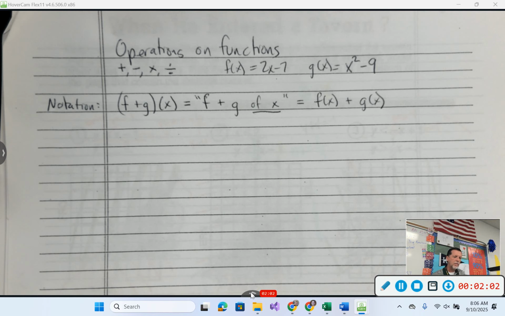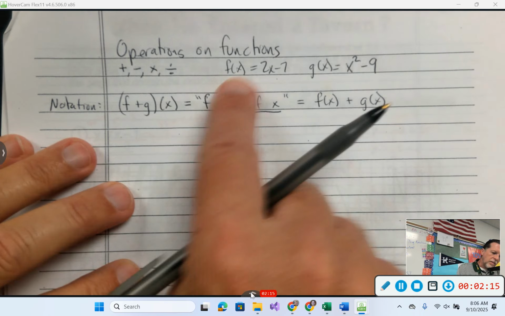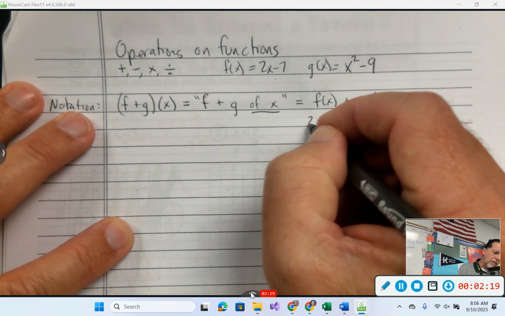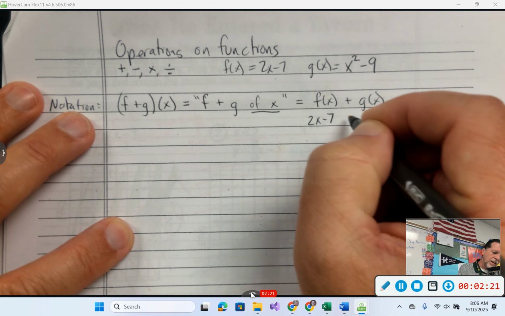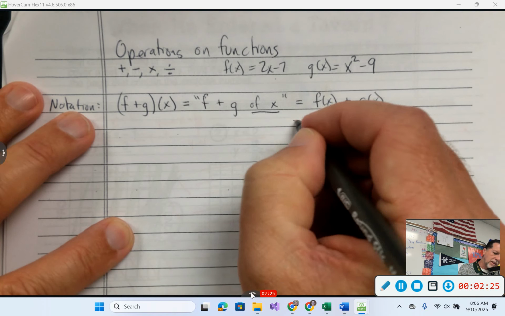Let's go ahead and do the example here. So f of x plus g of x. f of x is 2x minus 9. g of x is x squared minus 9.